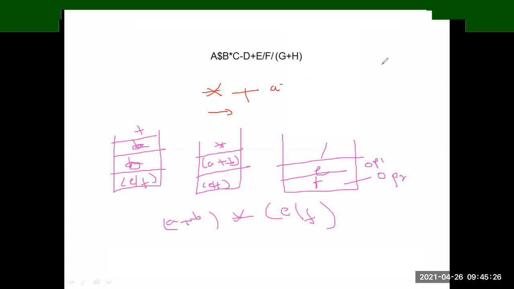In postfix to prefix, this is operand 2 and this is operand 1. In the reverse, the first one is operand 1, the second one is operand 2. Just remember that. So in this way you convert postfix to prefix and prefix to postfix.